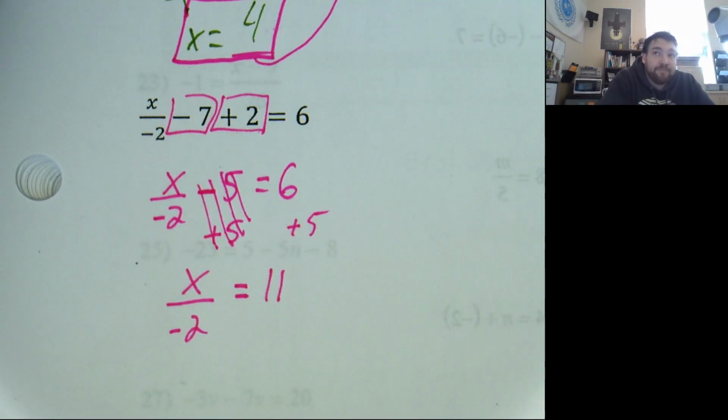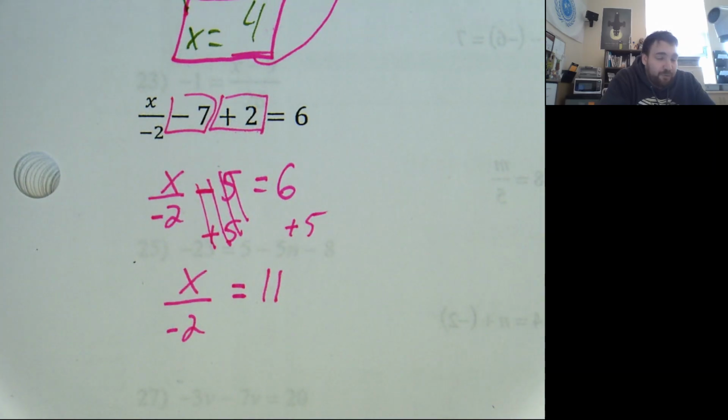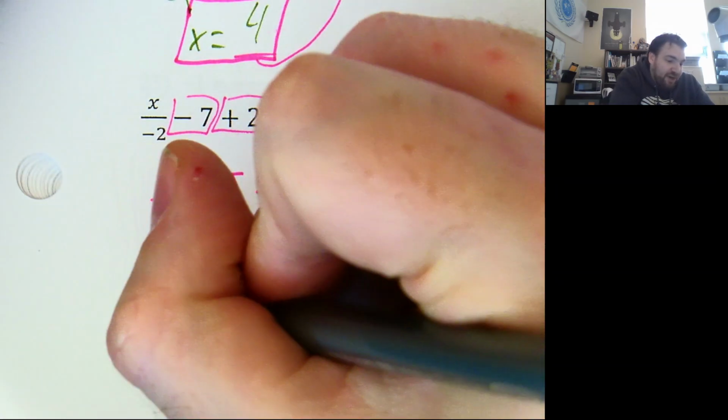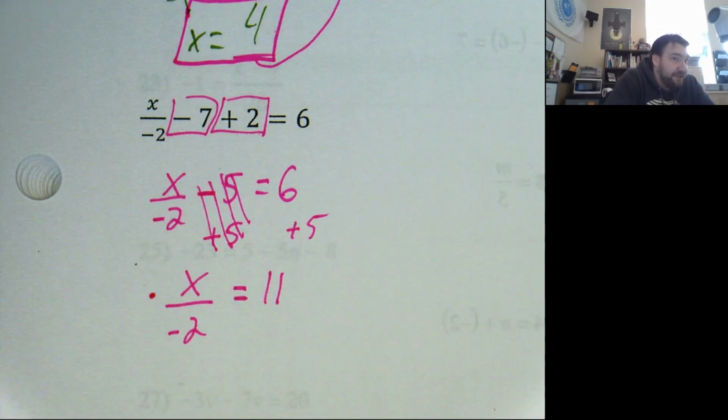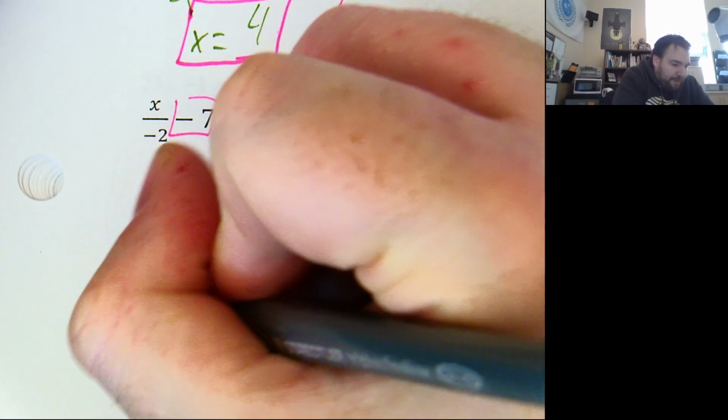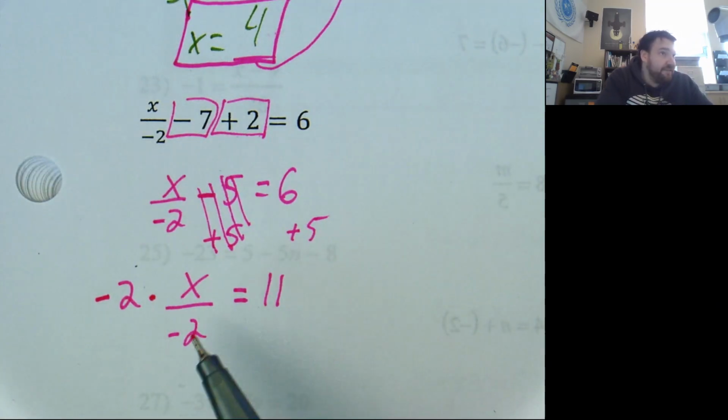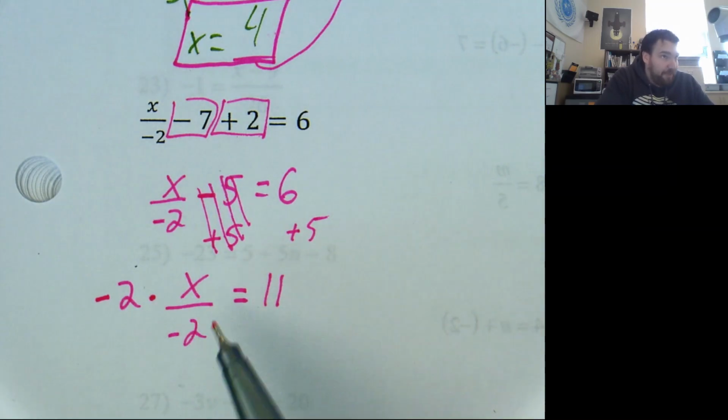Now I've got x over negative 2, which is, fractions are just division, x divided by negative 2. To get x by itself, we're going to multiply by what? Not 2. Negative 2. We don't want negative x. We want x alone. We want it positive.